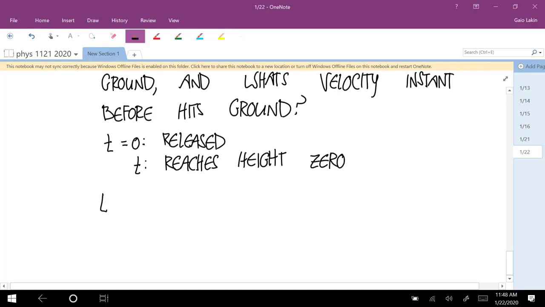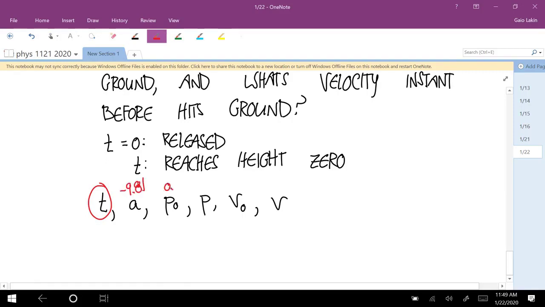So then t, a, p0, p, v0, v. We're trying to find this time t. The acceleration is negative 9.81. P0 is 0.5. P is 0. V0 is positive 9.39.